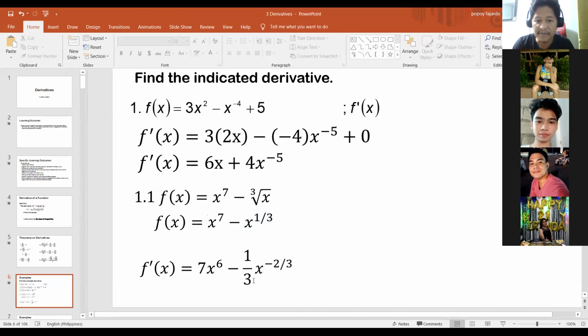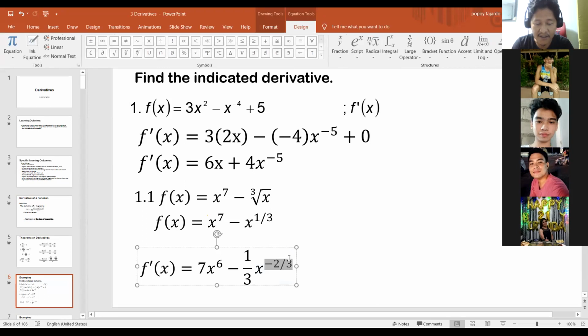And then yung 1/3 na yan, sinubtract lang natin ng 1. Okay, so 1/3 minus 1 ay negative 2/3. Kaya nagkaroon tayo ng negative 2/3.